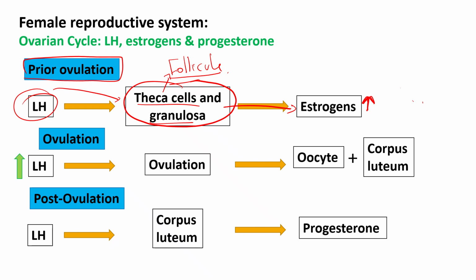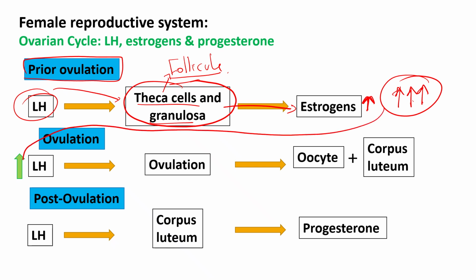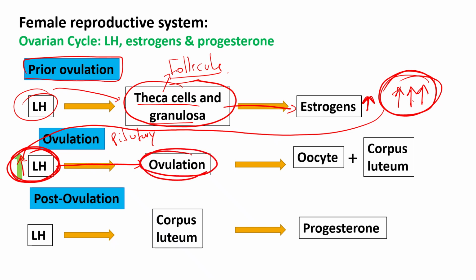There's a point at which there's a lot of estrogen, and when you have a very large amount of estrogen, that triggers the release of even more LH by the pituitary gland. So the pituitary gland, in response to a large amount of estrogen, produces a large amount of LH. This large amount of LH is the hormone that stimulates the event of ovulation.